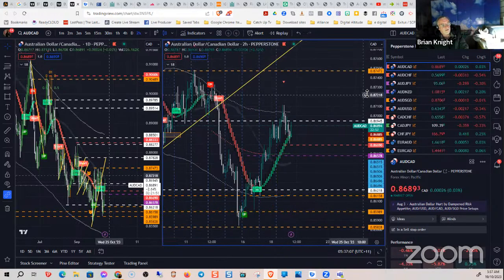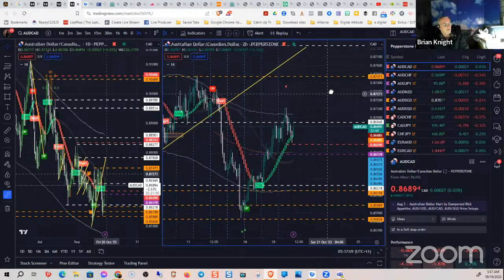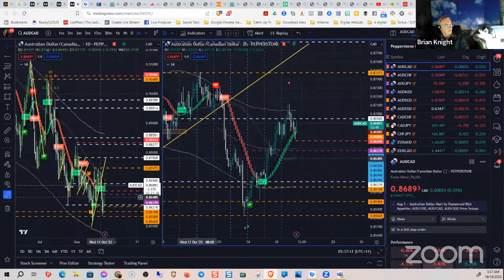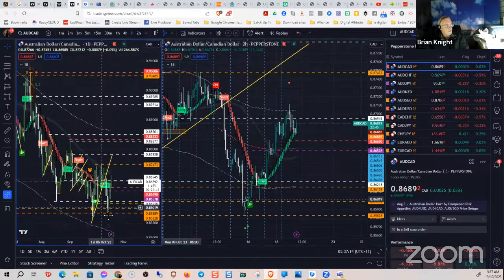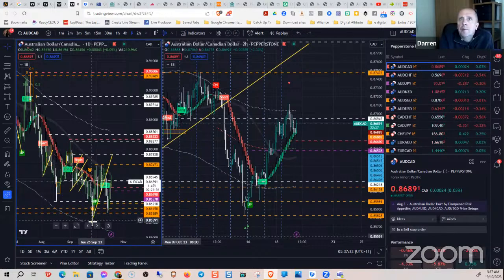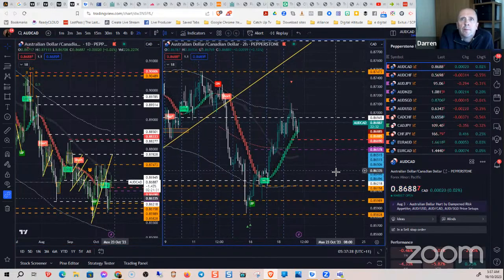So I'm still in the trade. If you see on the daily, the most recent low didn't break the previous low. Yeah, I'm still in a sell for this from a couple of weeks ago.